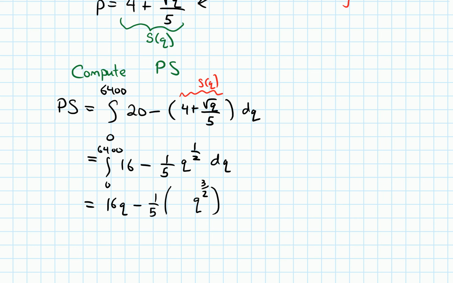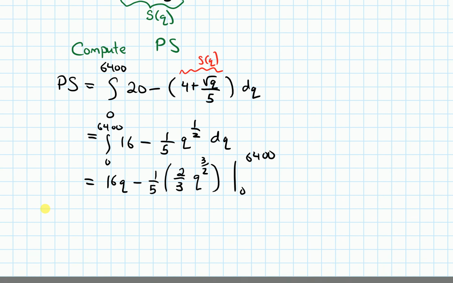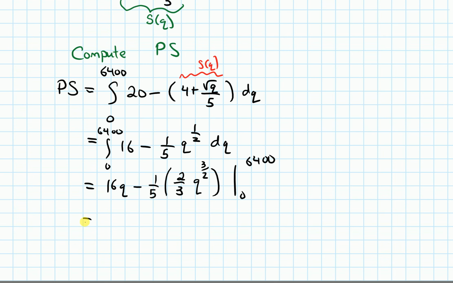And then I divide by 3/2, the new power, which is the same thing as multiplying by the reciprocal 2/3. And then I've got to plug in 0 and plug in 6400 into this. So if I plug in 6400, we get 16 times 6400 minus 2 over 15 times 6400 to the 3/2, minus what I get when I plug in 0. And I'll get 0 for both terms there. So I'll get 0 minus 0.